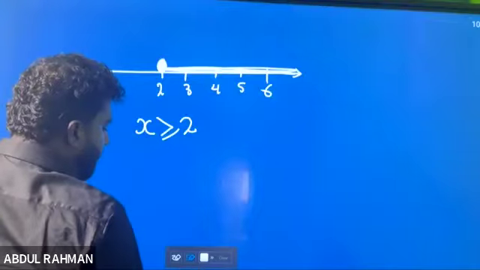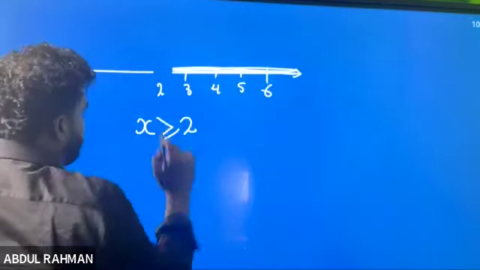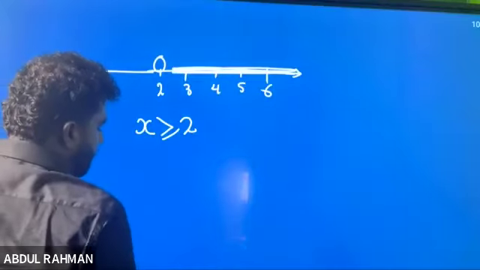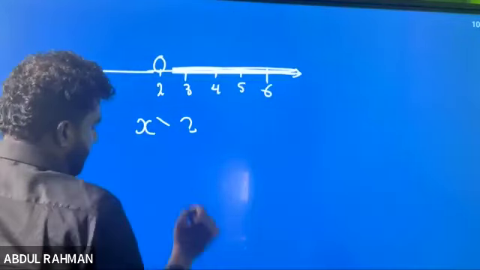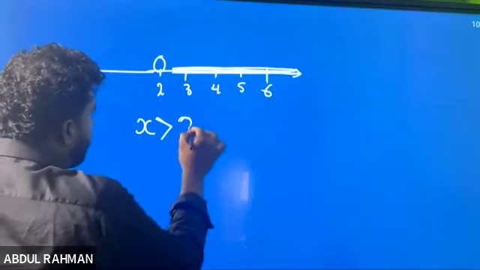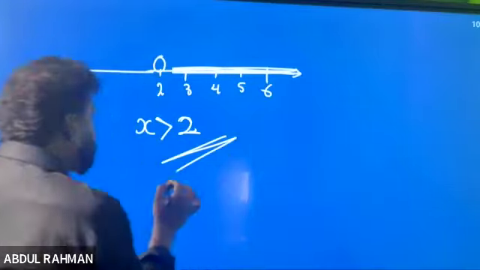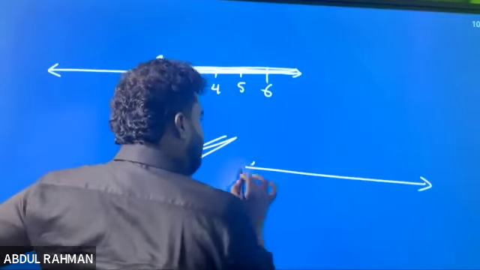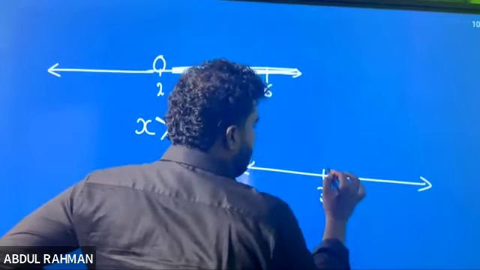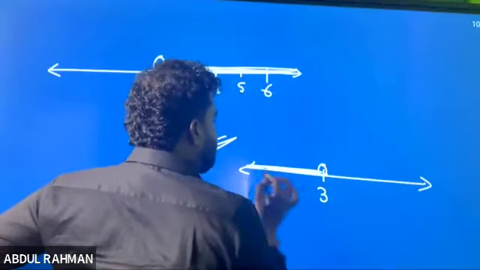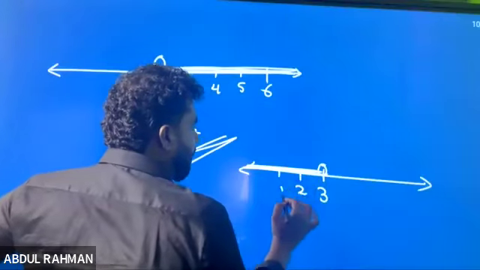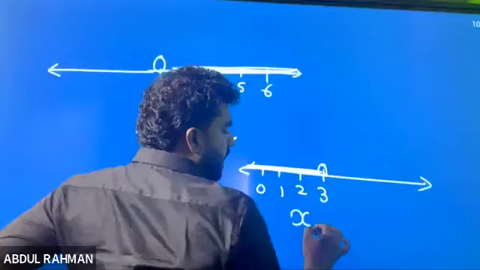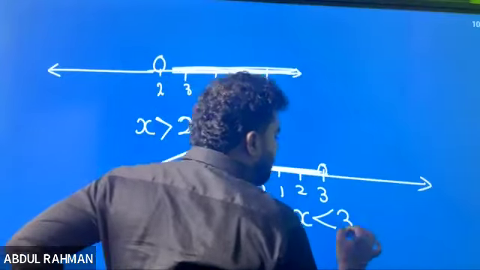If I might have not colored it, you will ignore this equal sign and write it as x is greater than. Here again, method 3, I have colored this portion 2, 1, 0, -5. Here I will write x is less than 3.